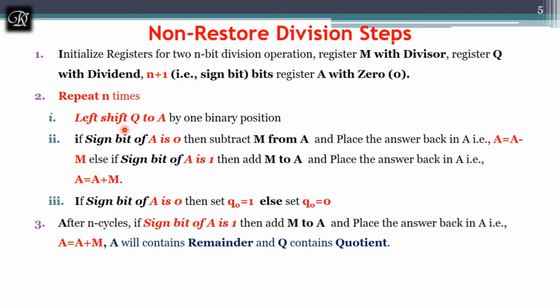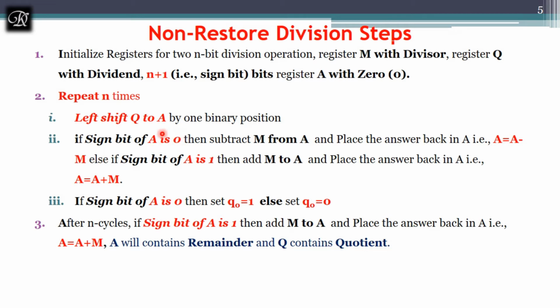Like restore division, we left shift Q and A by one binary position. If the sign bit of A after the left shift is 0, then we perform a subtract operation, that is, we subtract M from A and store the answer back in A, that is A = A - M.